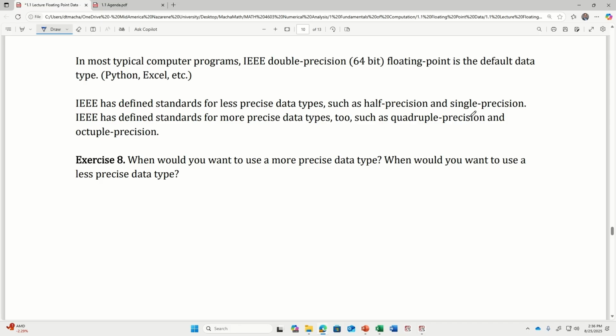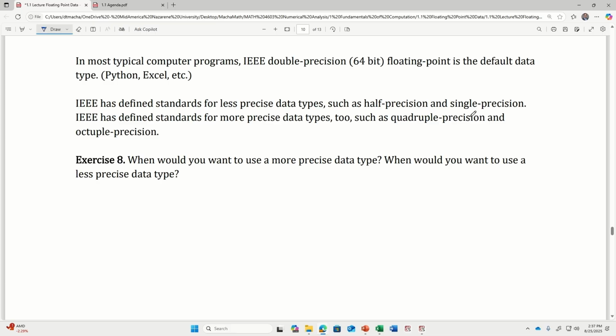So if you were someone who's trying to run a forecast for a hurricane and you want to predict what's going to happen over the next 5 days, maybe you want a lot of precision so you can minimize the effect of the chaos on your simulation. And so you choose a really high precision, like quadruple precision or octuple precision data type because you want to maximize the amount. And of course, you'd have to have a lot of RAM ready on your supercomputer. You'd have to make some kind of sacrifice there for all of that extra precision, but that's one situation.